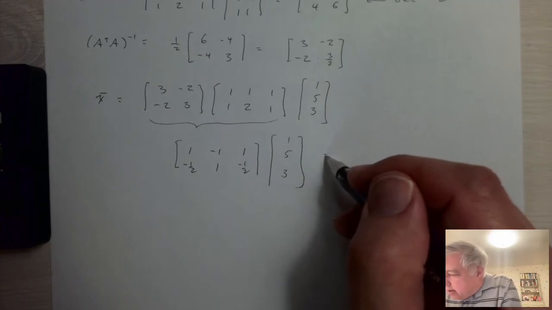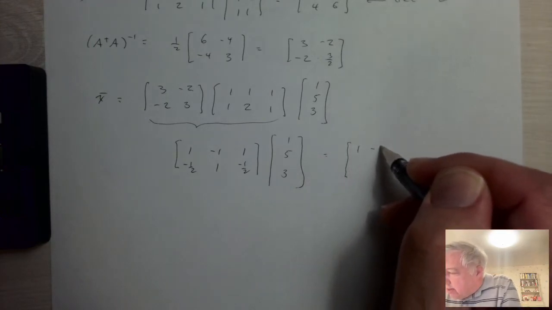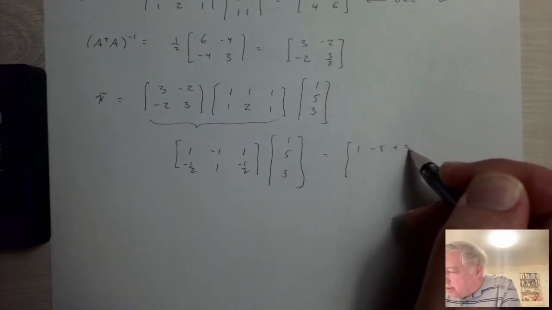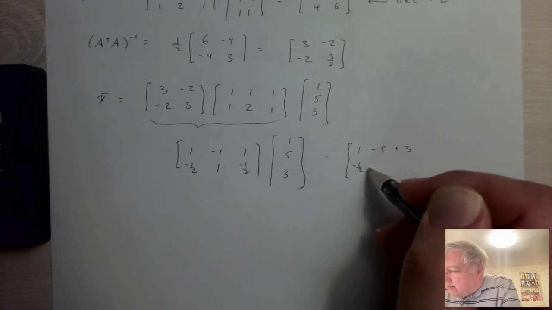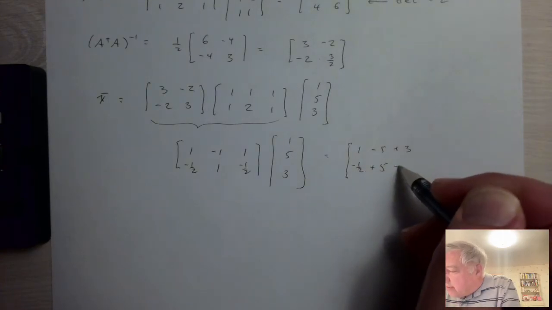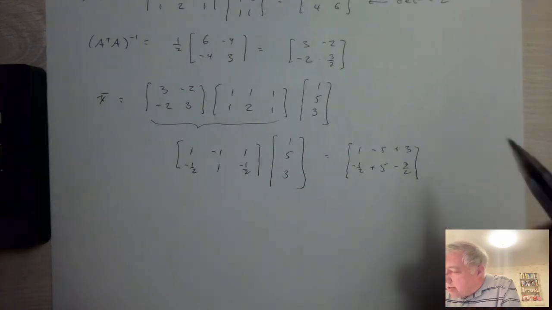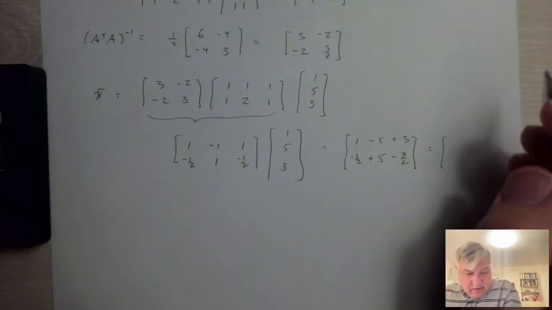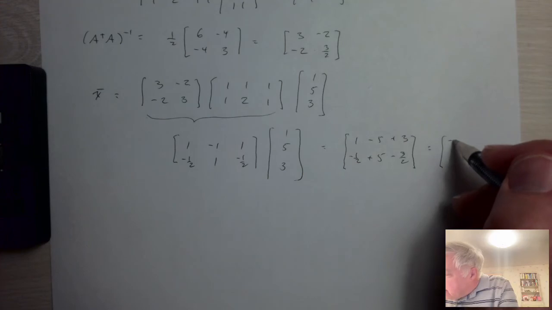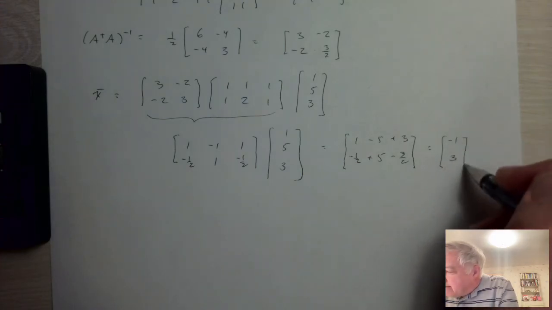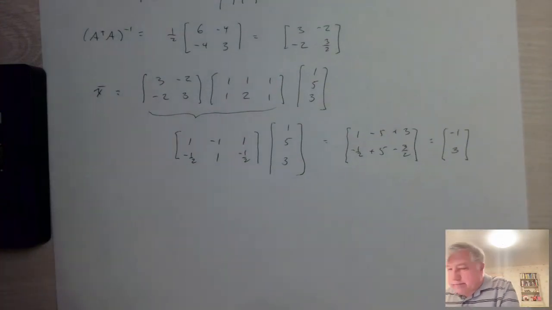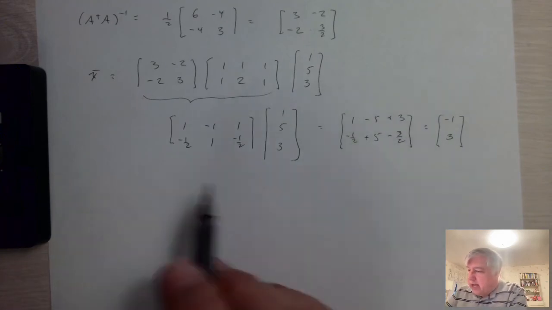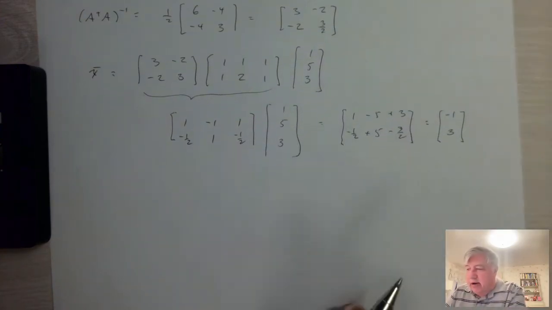And then this becomes 1 minus 3 plus 5, negative 1/2 plus 3 minus 5/2, which is going to be 3 and negative 1. Okay. All right. So that's what X bar is.